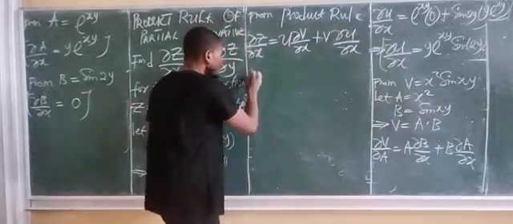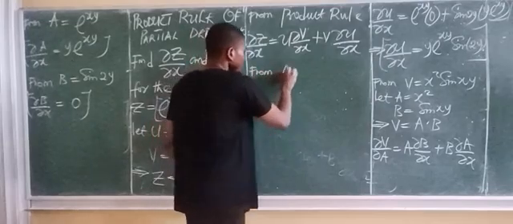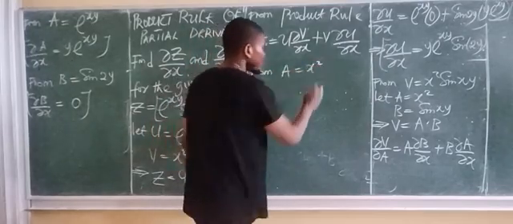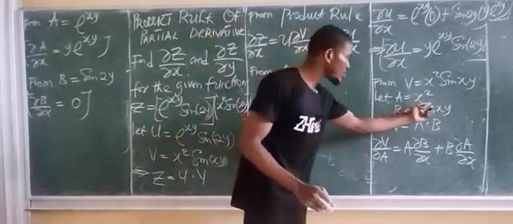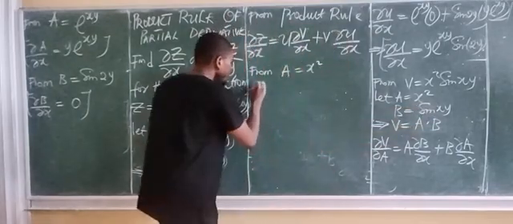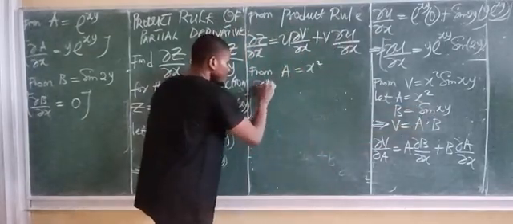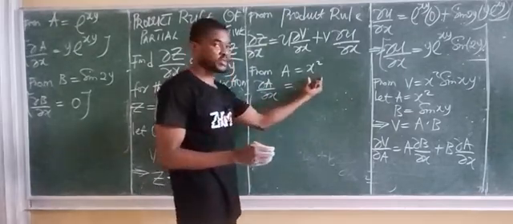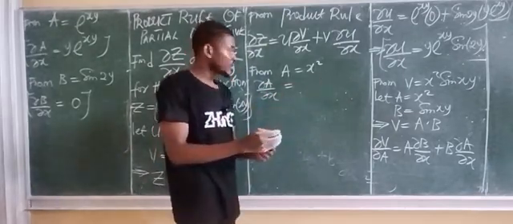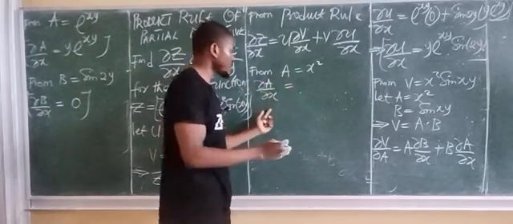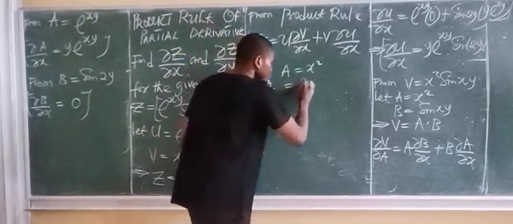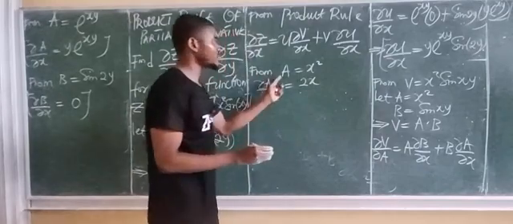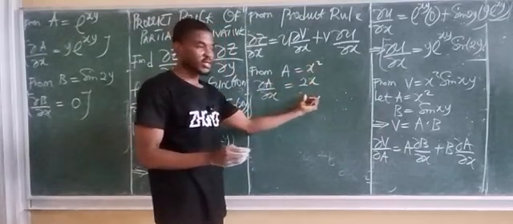All right, so from a equals x squared, I will simply find the partial derivative of a with respect to x. Of course, I only have x squared here, so I can differentiate this function. So partial a, partial x will simply give me what? 2x. If I differentiate a with respect to x, I simply have 2x.